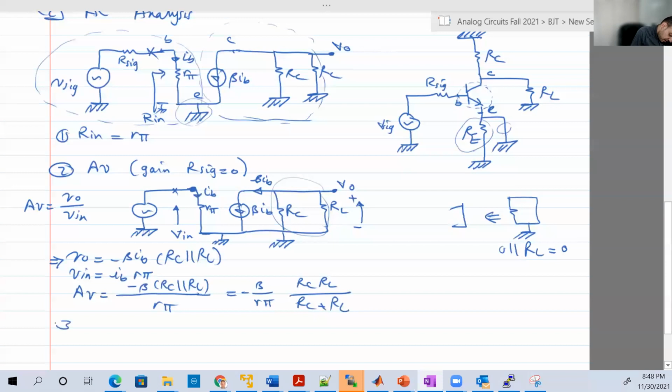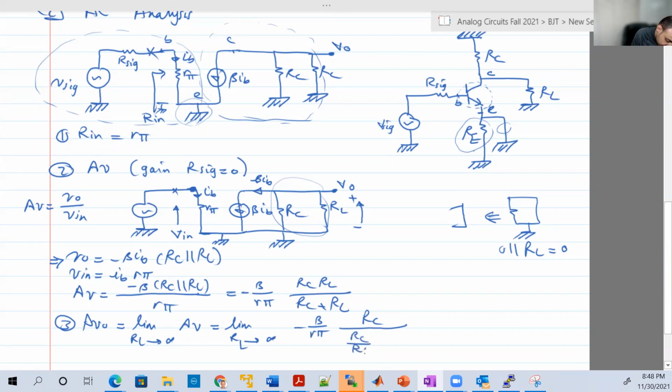Now, number 3, AV naught. AV naught is again when there is no load, or the load is equal to infinity. So we can say its limit or load equal to infinity, or limit, approaches infinity for AV. So that will be equal to the following: limit RL approaches infinity minus beta over R pi. Divide both here by RL. So this will be RC over RL plus 1, RL over RL.